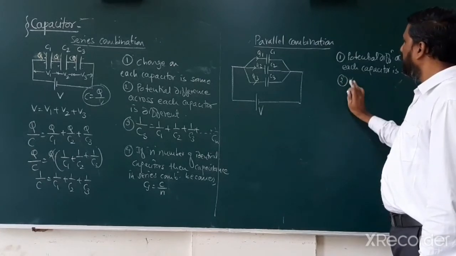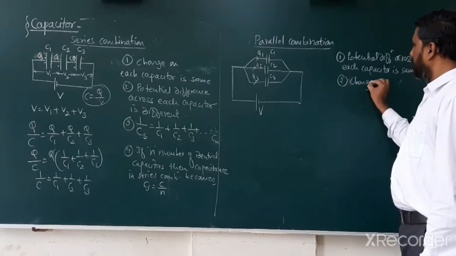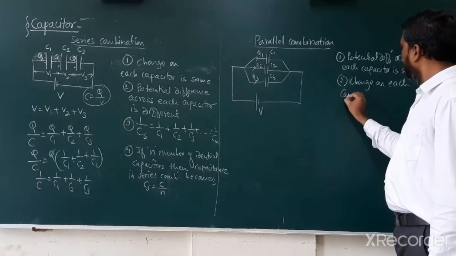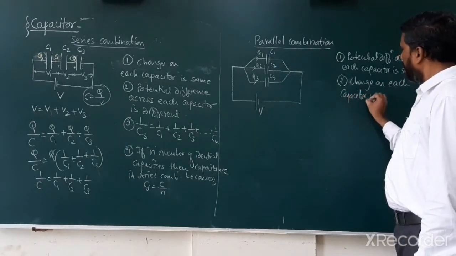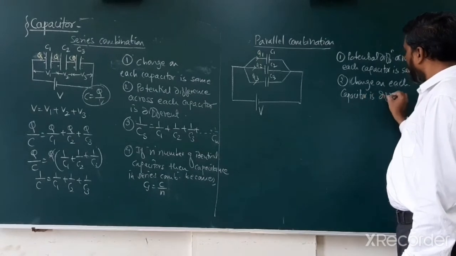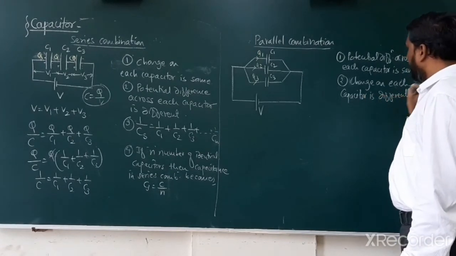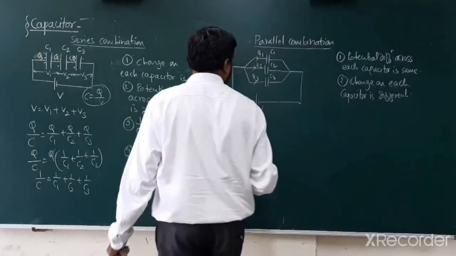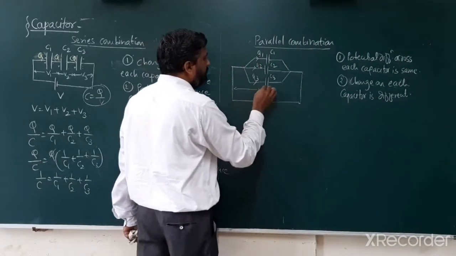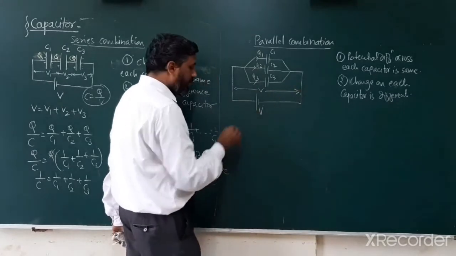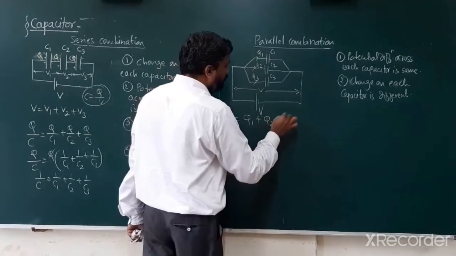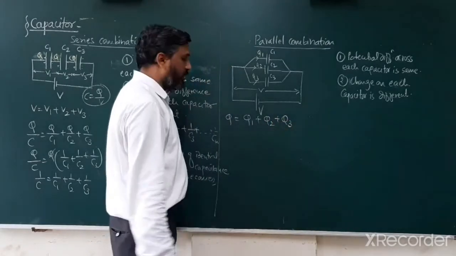Second, the charge on each capacitor is different. Now we check the formula. V will remain the same because all are connected in a parallel combination. So total charge equals what? Q1 plus Q2 plus Q3.